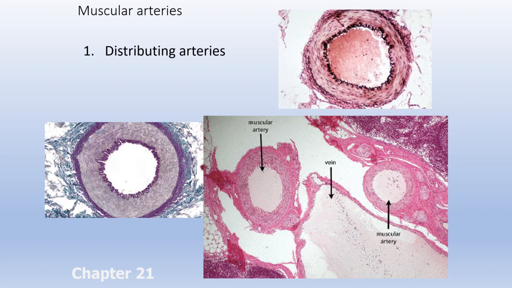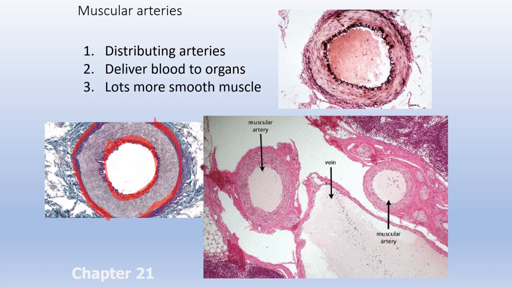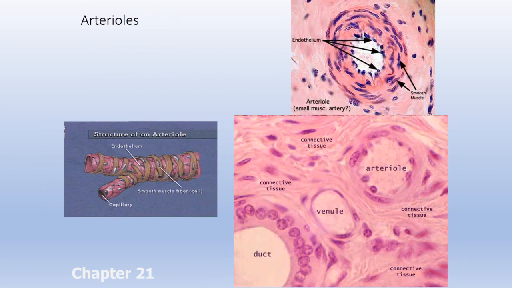You can see the internal elastic lamina on this picture here on the left, and you can see the external elastic lamina. Distributing arteries, their big defining characteristic is that they have a lot of smooth muscle. So they can vasoconstrict. And you might say to yourself, oh, maybe they control blood pressure. No, they don't.